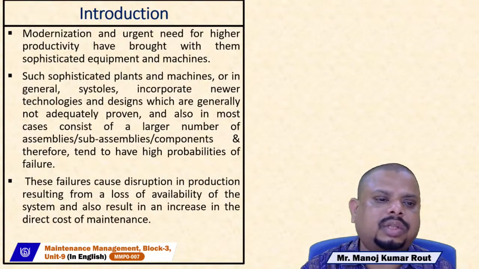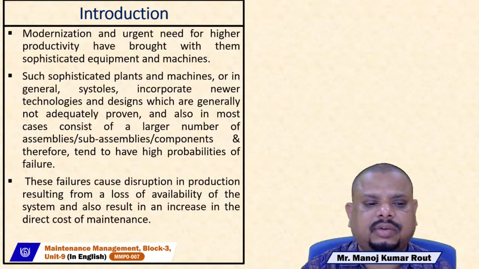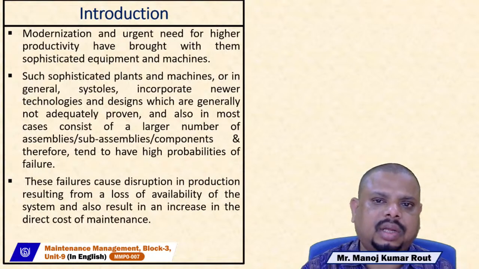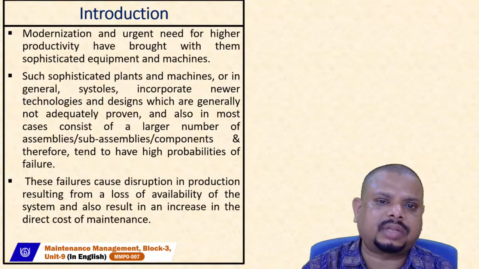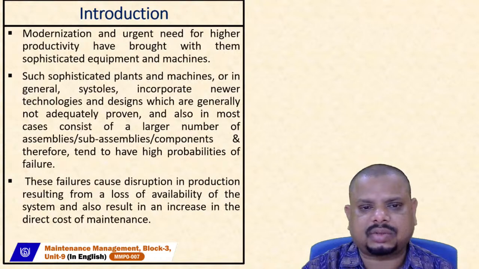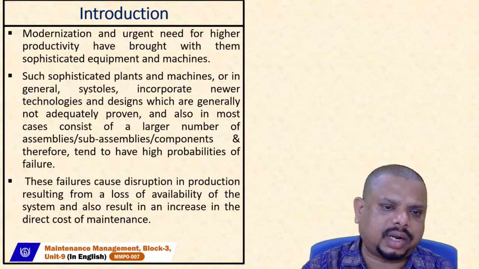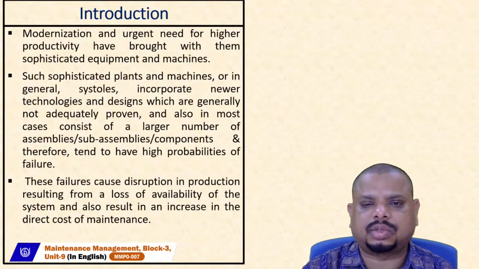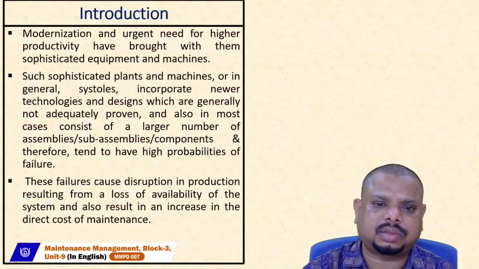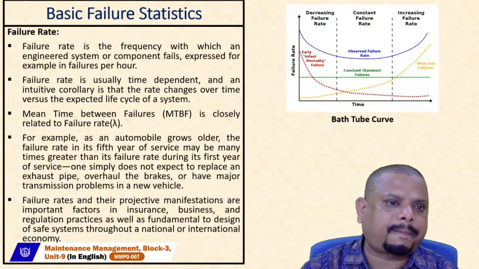So whenever you think about these sophisticated machines, the probability of failure is much higher, and these failures cause large disruptions in production, and as a result the cost of maintenance also increases, whether the companies implement preventive maintenance, predictive maintenance or proactive maintenance in the particular departments. So let's understand the different causes which directly restrict production, resulting in the loss of availability of the systems. Moving to the next important part.